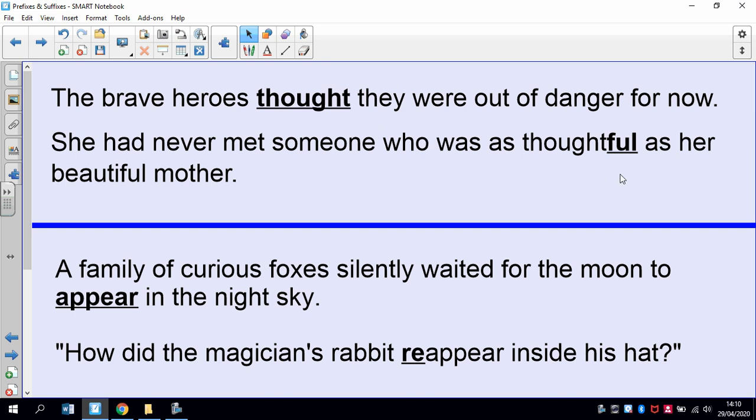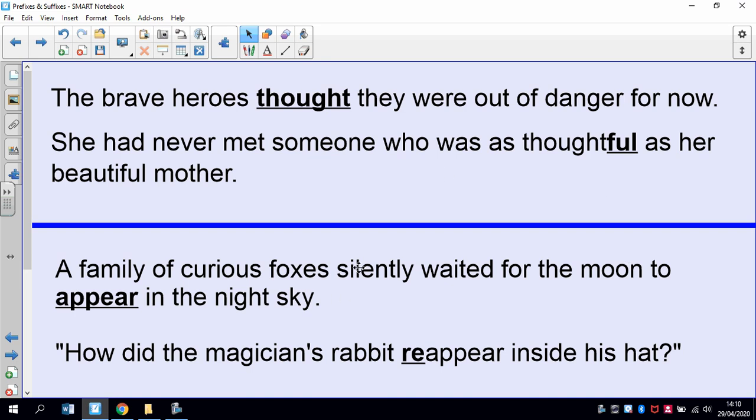I then decided to put a suffix on it. I've decided I want to use thoughtful. So my next sentence is, she had never met someone who was as thoughtful as her beautiful mother. So those 2 sentences aren't connected, they're not part of the story. But you can see how I've used the 2 words in different contexts.